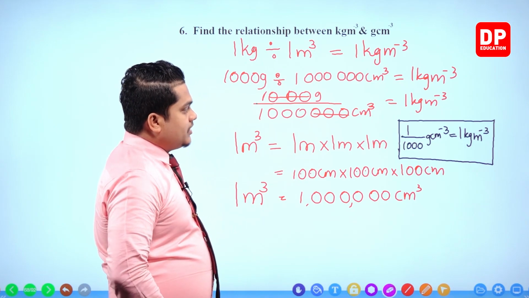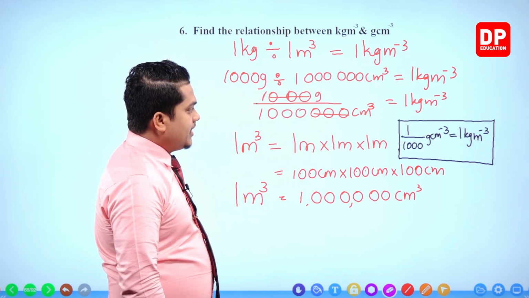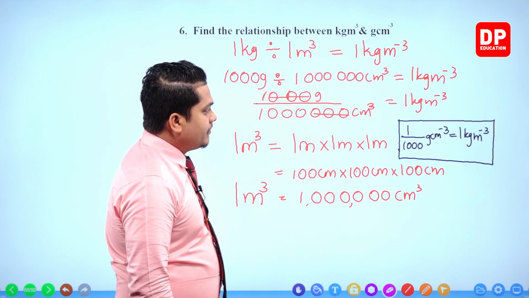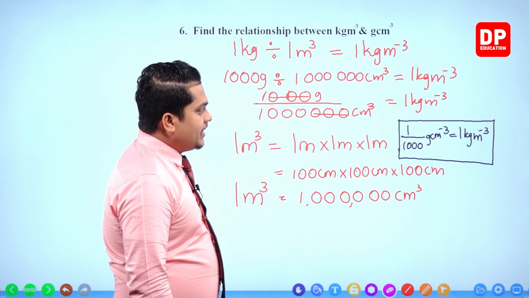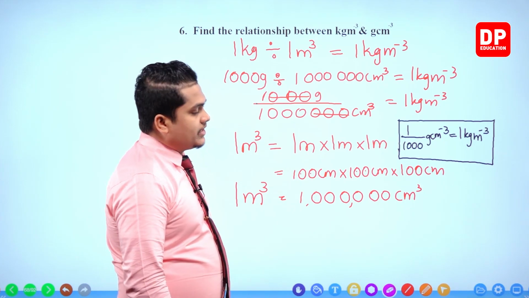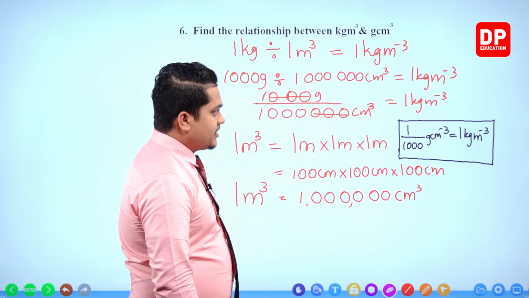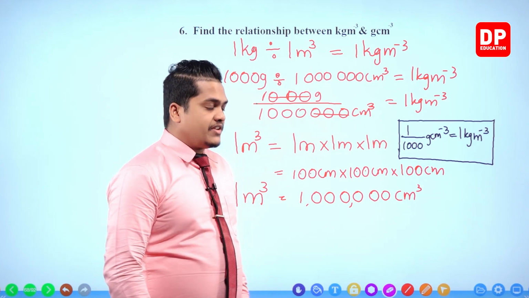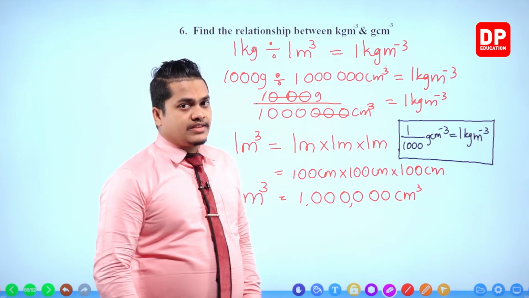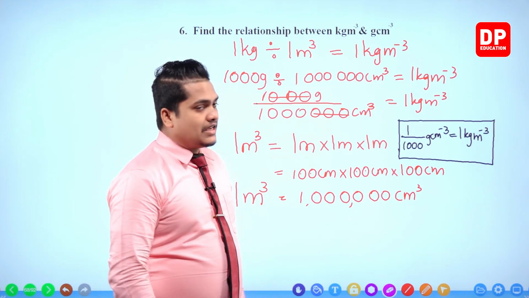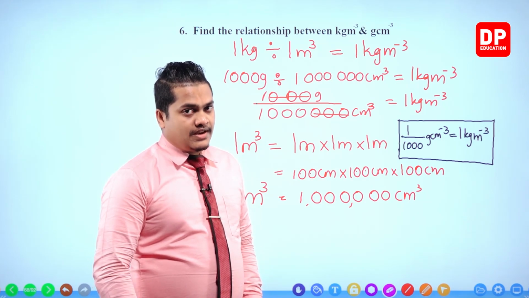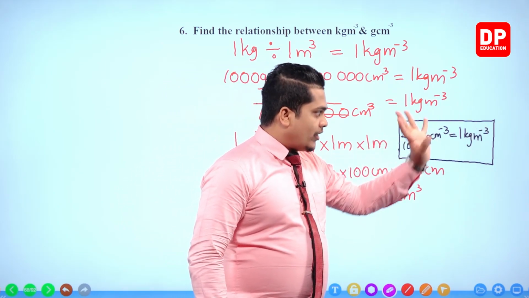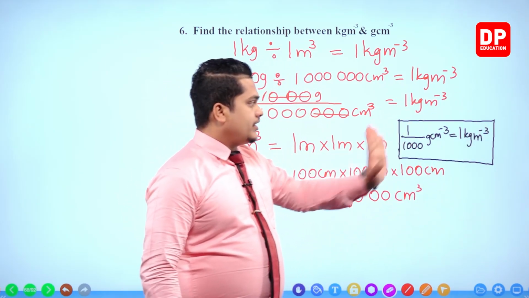So 1 over 1000 g cm minus 3 is equal to 1 kg m minus 3. When you divide kilograms per cubic meter by 1000, you can get the grams per cubic centimeter values. Or when you multiply grams per cubic centimeter values by 1000, you get the answer in kilograms per cubic meter values. You multiply by 1000 to convert into that, or you divide by 1000 to convert into this.